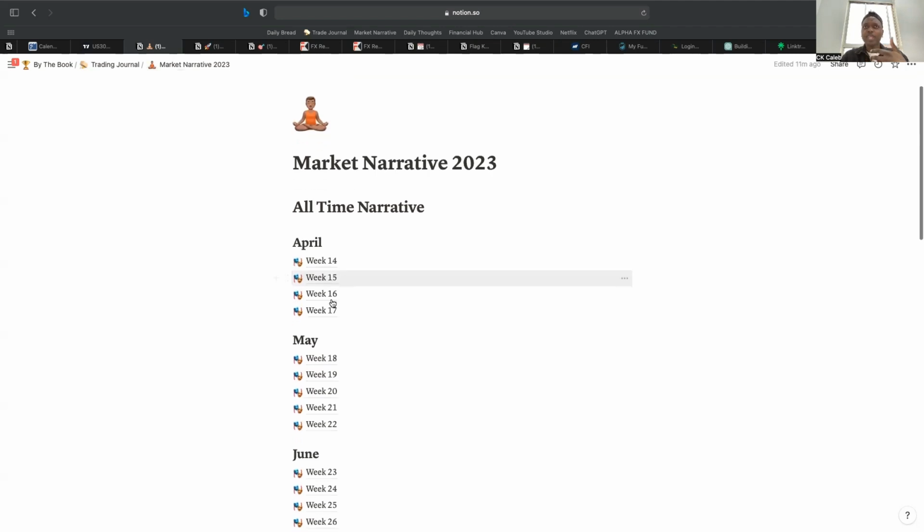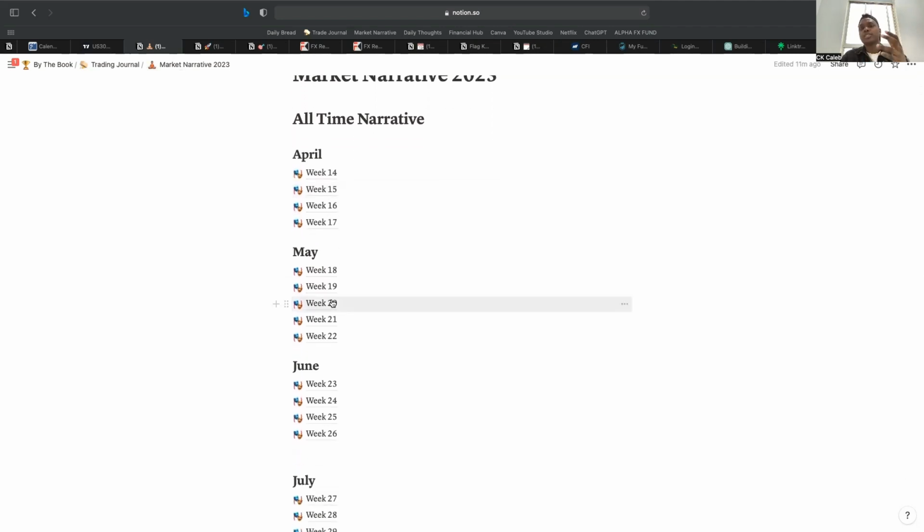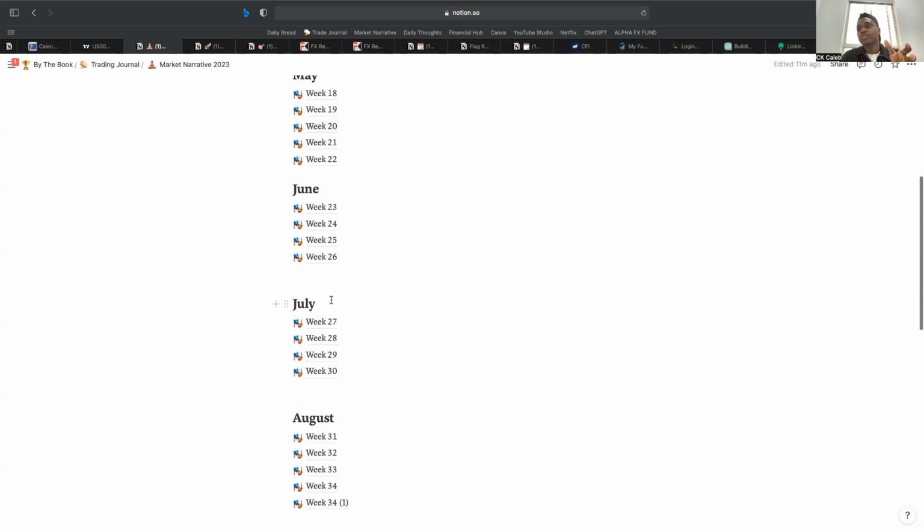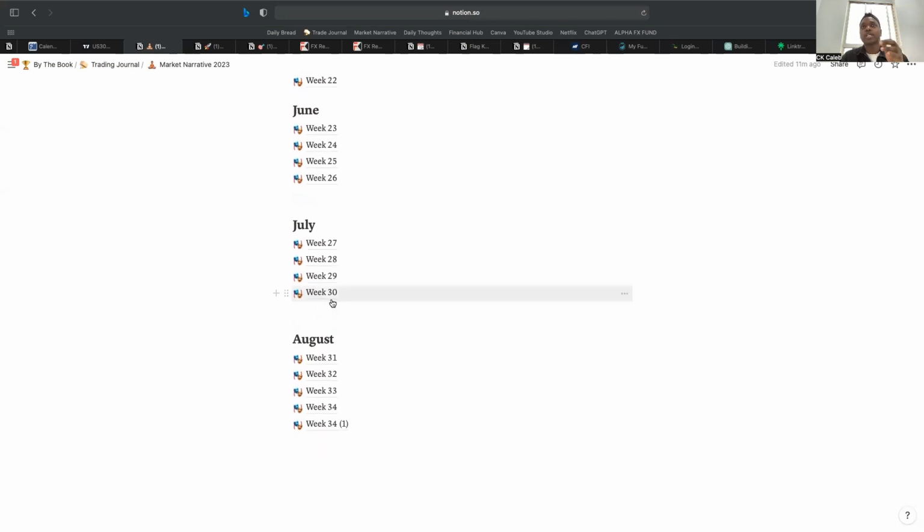The good thing about journaling is discipline and consistency, because there's no trophy. No one is going to give you a trophy for writing down your reasons for journaling. But if you're able to do it at the end of the week, it helps you build discipline and it will help you get consistency. And once you get consistency in journaling, you're going to get consistency in pattern recognition, in trades, in returns, in session timings, when to be trading, because you're just observing.